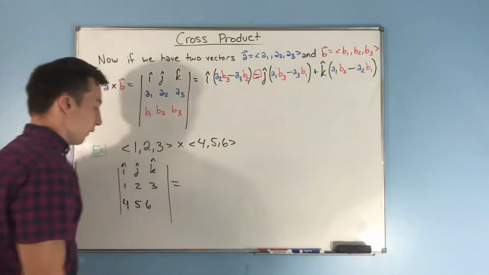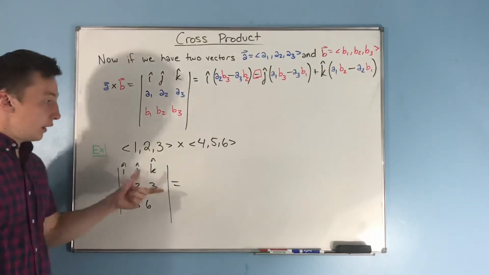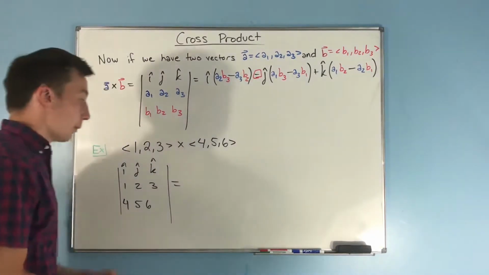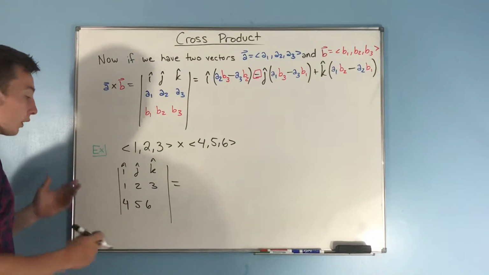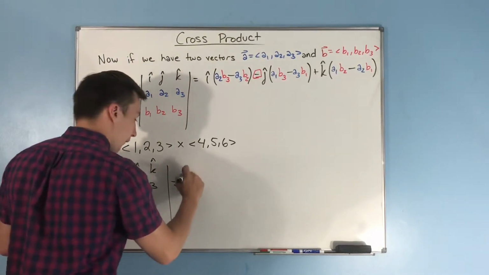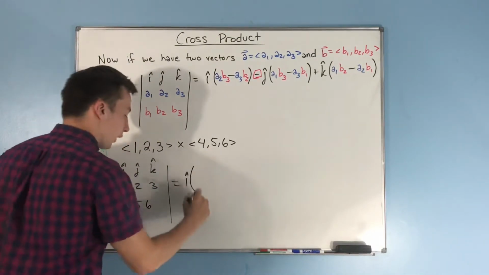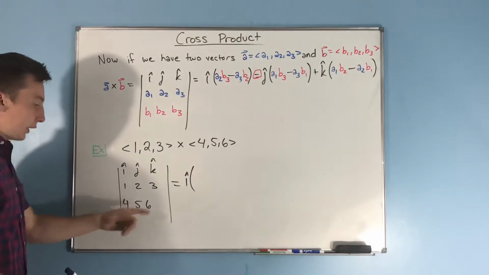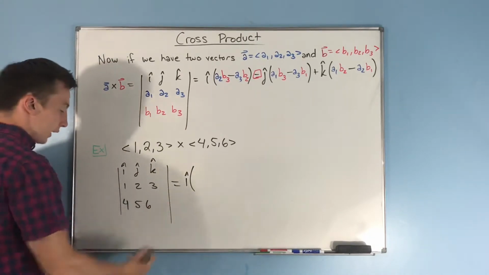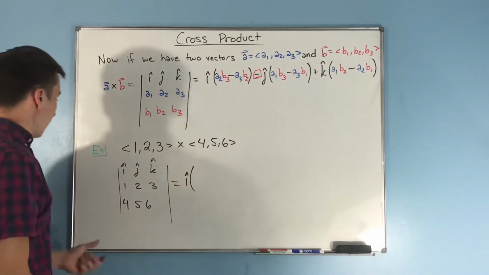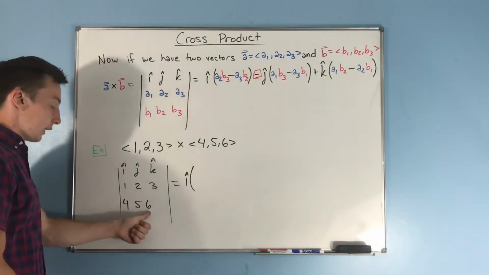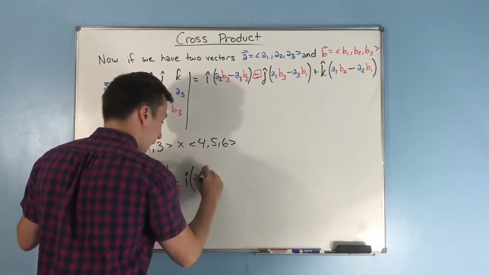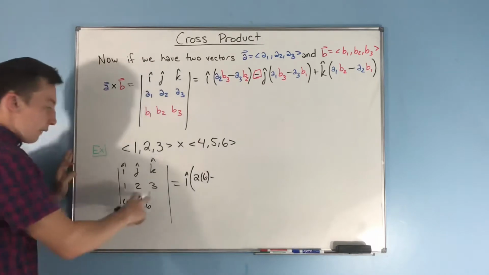Now we can find the determinant of this 3x3 matrix. First up, we have i hat times the determinant of this 2x2 matrix right here, the 2, 3, 5, 6. That's going to be 2 times 6 minus 3 times 5.